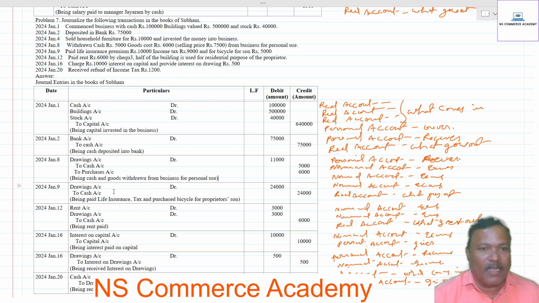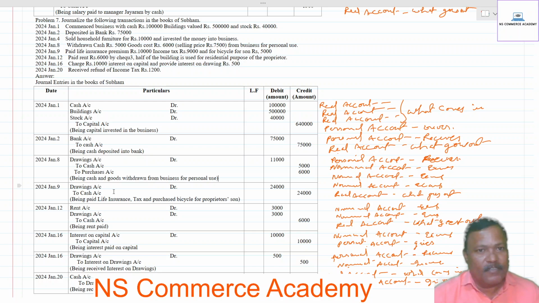That's why I am writing drawings account debit 24,000 to cash account 24,000, being paid life insurance, tax and purchased bicycle for proprietor.